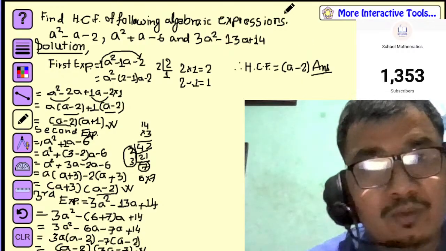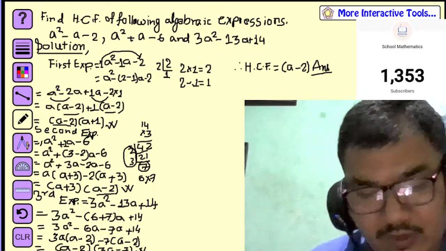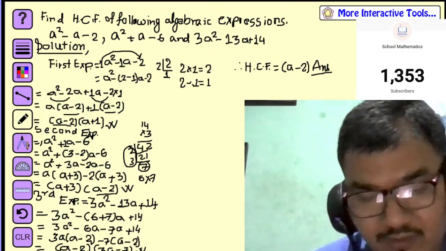This is the way to find HCF in algebraic expressions. Children, I will take one more example for you for more clarification.